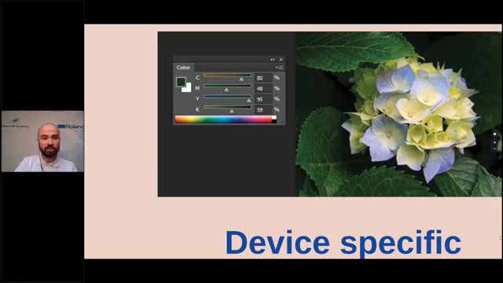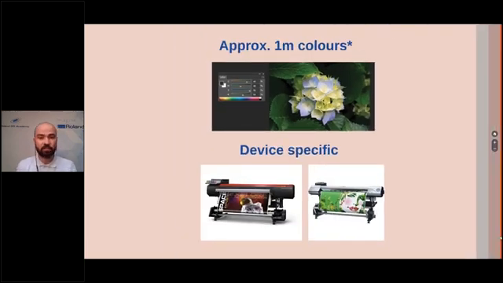So the colors go from 0 to 100, and if we times 100 by 100 by 100, we get 1 million. We don't times it by another 100 for the black channel, because the black doesn't actually add any extra colors to the formulation.